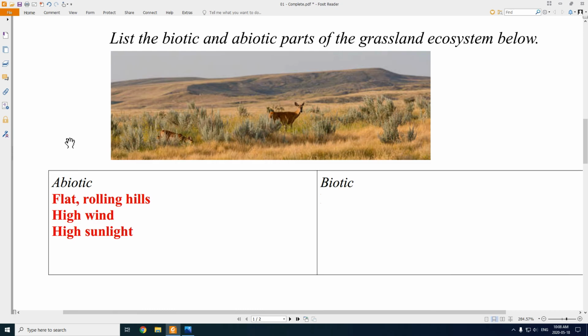High sunlight, right? There's no tree cover that's going to block the sun, so the sun is really hitting the ground. So high sunlight. Probably moderate rainfall. It doesn't look particularly wet. There's limited rivers or lakes. But there seems to be some things growing, so there's probably at least moderate rainfall.